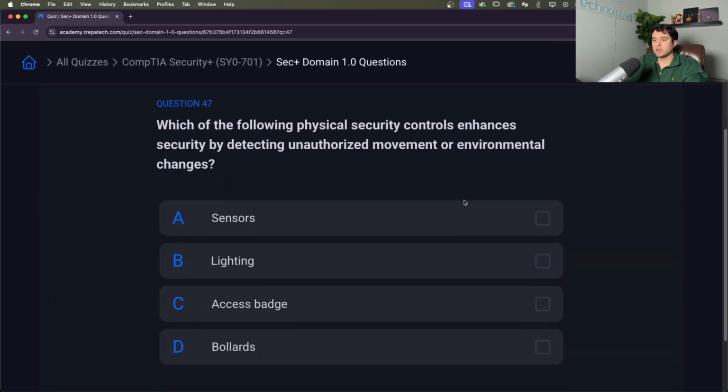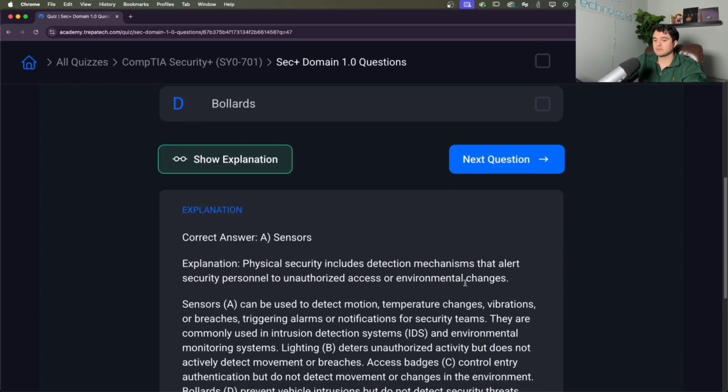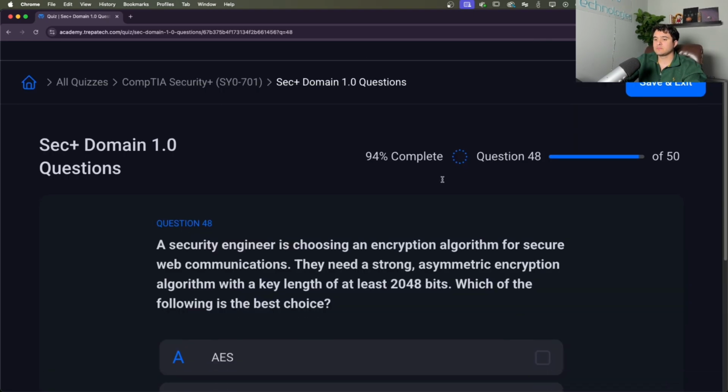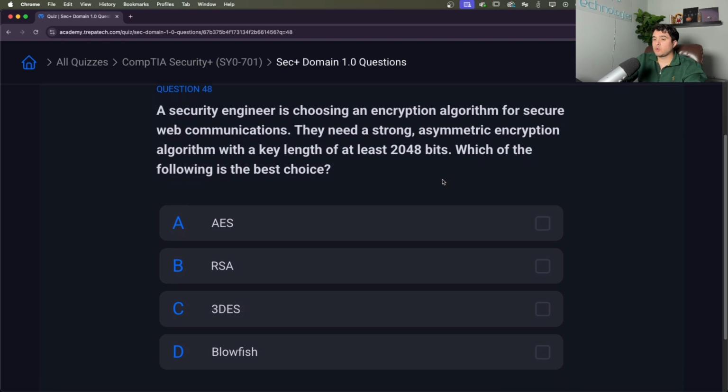Question 47. Which of the following physical security controls enhances security by detecting unauthorized movement or environmental changes? So detecting unauthorized movement or environmental changes, the only thing that does that in this list is sensors. Pause the video if you'd like to read the explanation. Question 48.